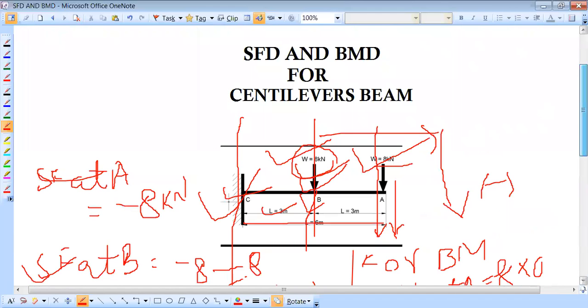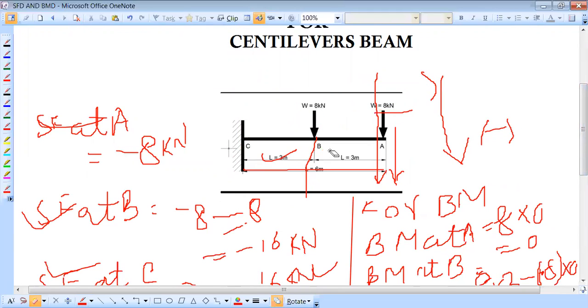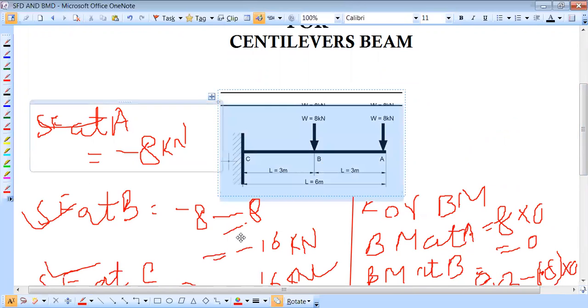First of all, take a loaded beam. This beam also we need to draw the SFD and BMD. So take this beam first.